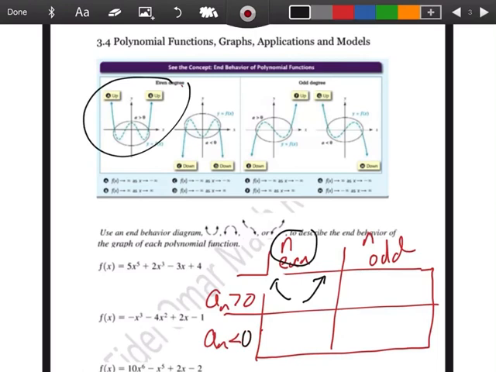If my degree is even and my coefficient is negative, my graph is going to do something like this. If my coefficient is positive and my degree is odd, then my graph is going to do this. And if my coefficient is negative and my degree is odd, then my graph is going to do that.